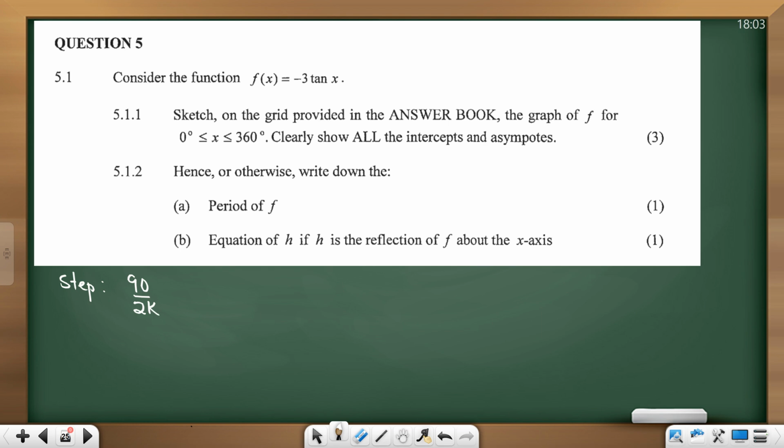What's your k? K is the coefficient of x. Remember, I said tan kx. So you have tan x, it's basically saying tan 1x. What is my step? 90 over 2 times 1.